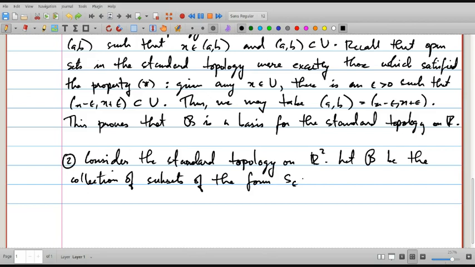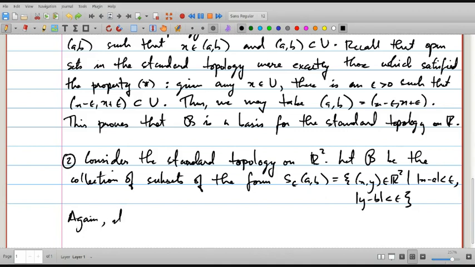These are the open squares that we define. And again, it is easily seen that B is a basis for the standard topology.